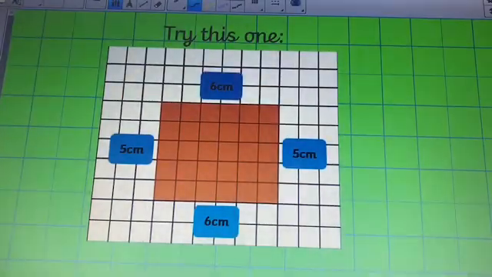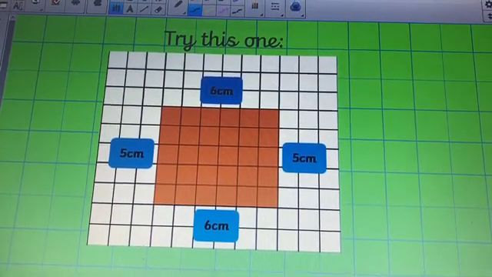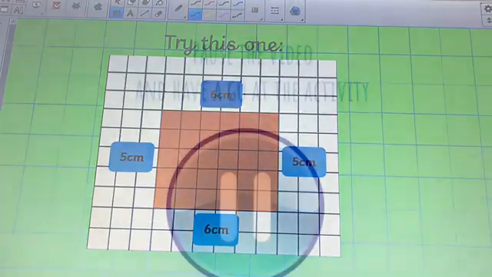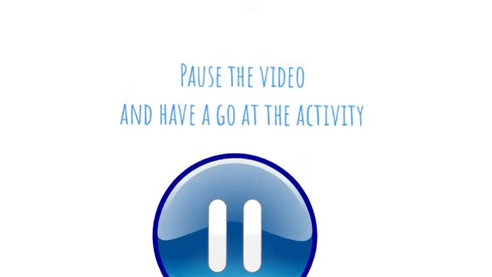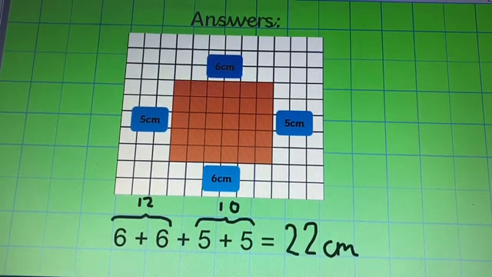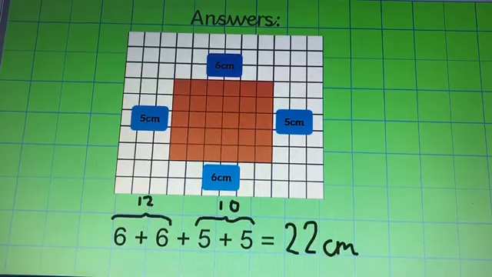Okay, and here's another one. So we've got sides here of 6 centimetres and 5 centimetres. Can you pause the video and find the perimeter of this shape? Okay, so hopefully you've added 6 and 6 to make 12 and 5 and 5 to make 10, which together gave you 22 centimetres.